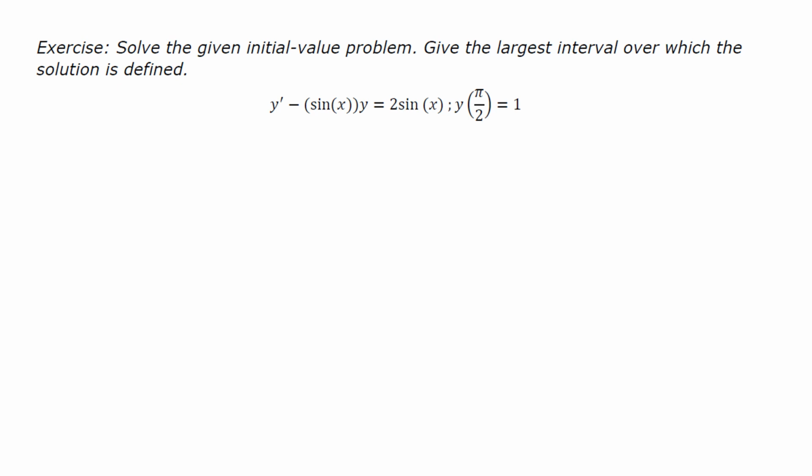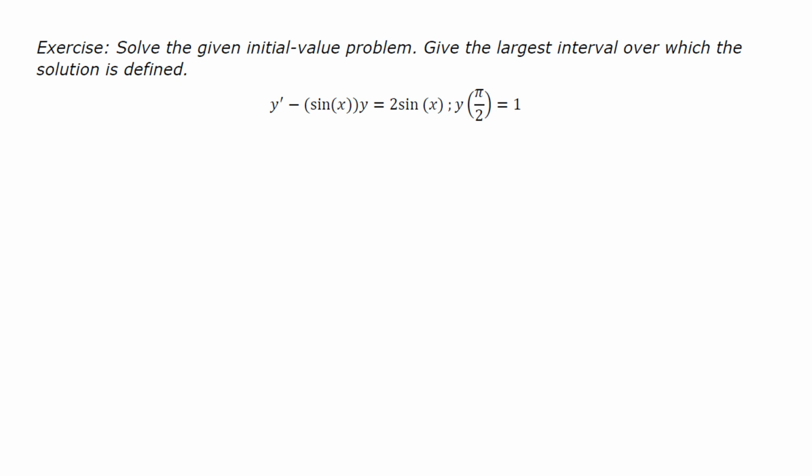All right, so we have y prime minus sine of x times y equals 2 sine of x. Okay, so we can see here that this is written in the standard form for linear differential equations. And we have an initial condition of y of pi over 2 equals 1.